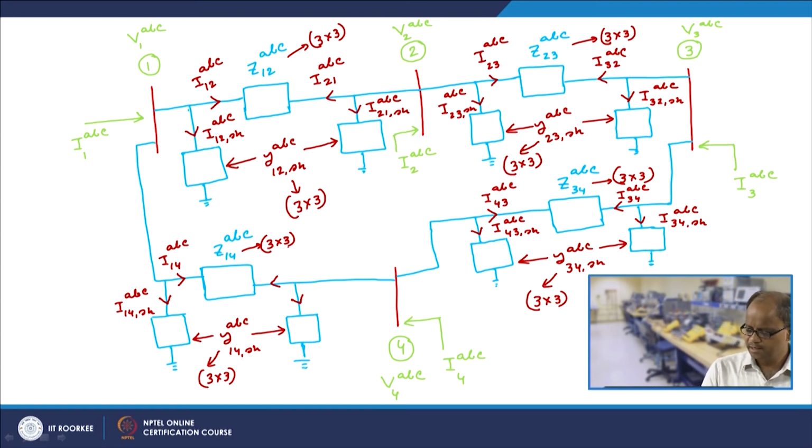And this current is I41 ABC, and this current is I41 shunt ABC.